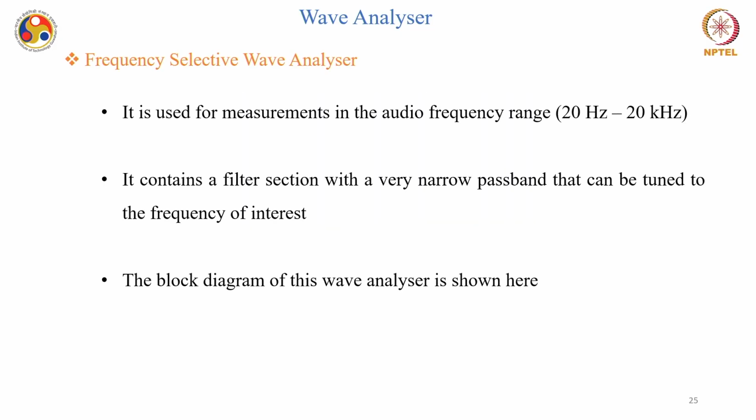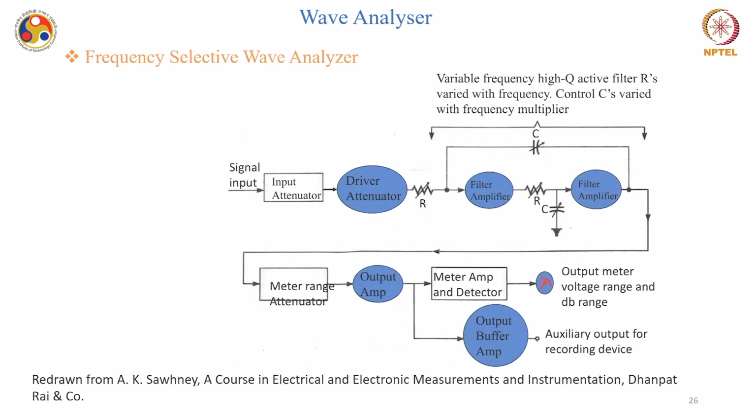So, the frequency selective wave analyzer is used for measurement in the audio frequency range, which is a low frequency range from 20 hertz to say 20 kilohertz. Now, this analyzer contains a filter section with a very narrow pass band that can be tuned to the frequency of interest. The block diagram of this wave analyzer is shown over here.